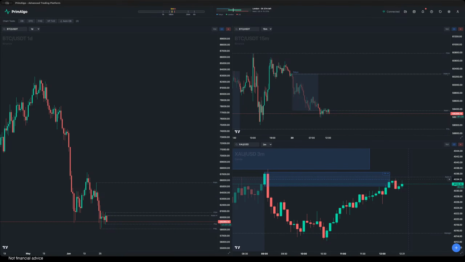Because if we close above the midsection of this block, so this level, then it means potentially it's going to go higher, right? And we want to avoid that. Definitely.